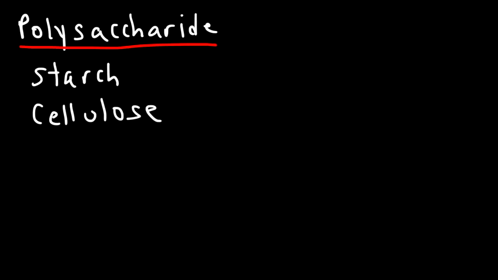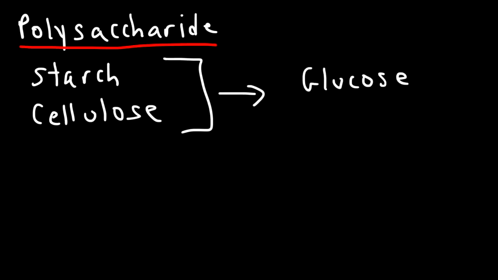It's used to store energy, and cellulose is found in plants. It serves a structural purpose. Now, both of these polysaccharides contain thousands of glucose monomers. So glucose is the main monosaccharide, or the main unit, that comprises these two polysaccharides.